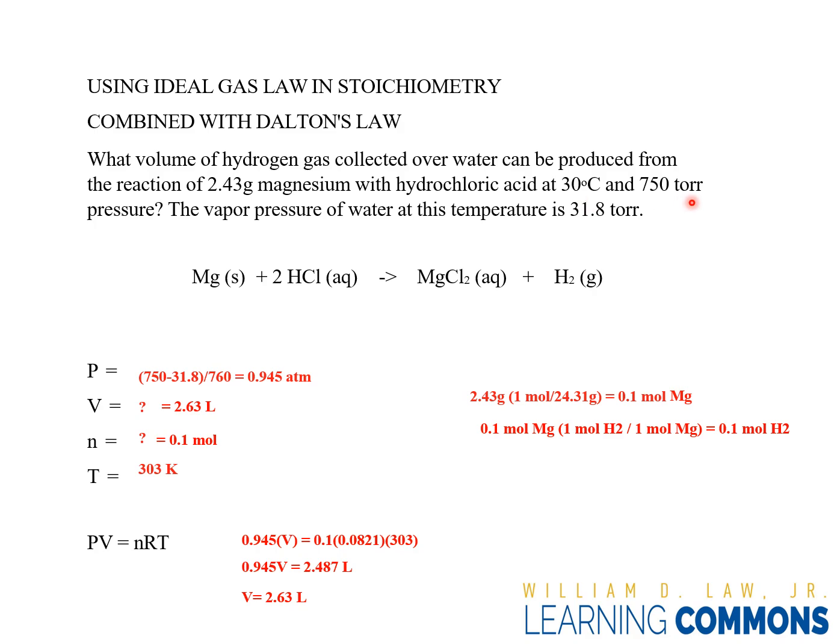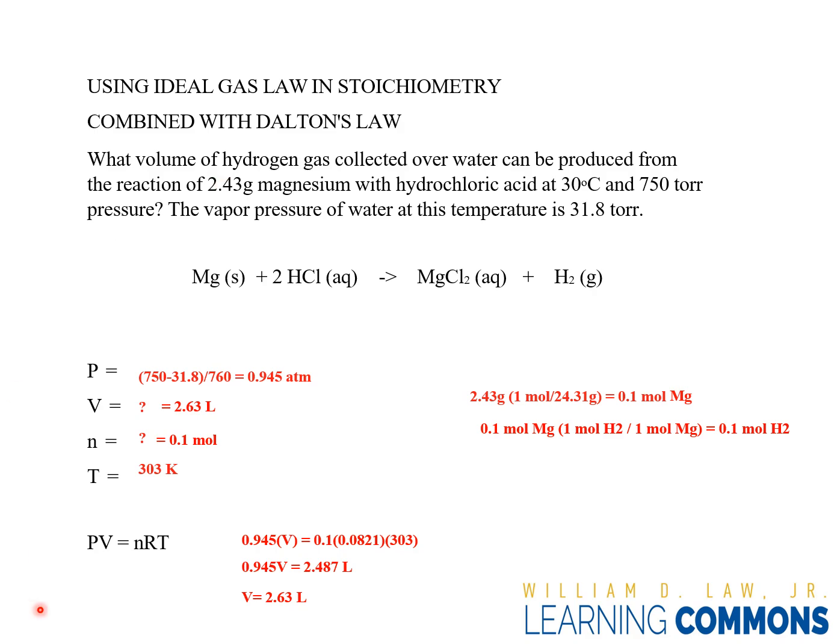The vapor pressure of the water at this temperature is 31 torr, and from PV = nRT, this is the gas law, I have to use it to find the volume of the hydrogen.